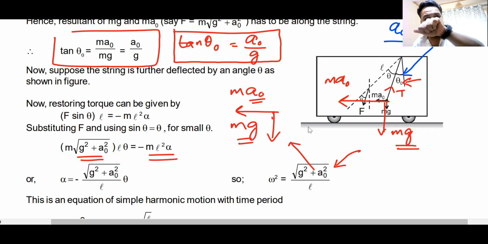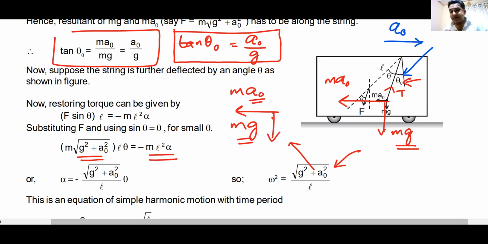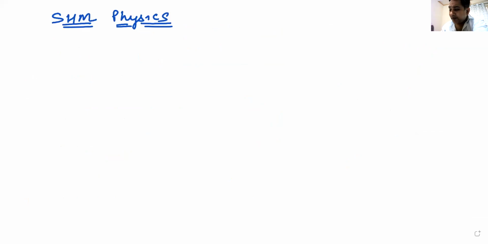Whenever this vehicle is accelerating in the horizontal direction, the equilibrium position also changes. So now, if I go back, I just feel that you might get a question here. If I make different cases here, case number 1 is acceleration is upwards or acceleration is downwards.